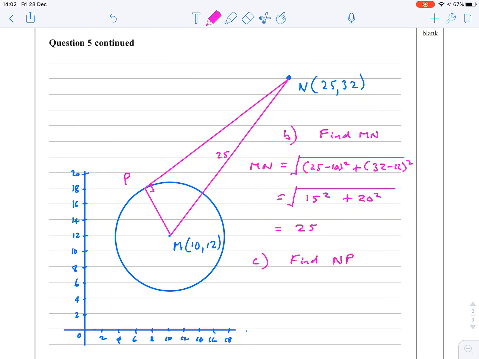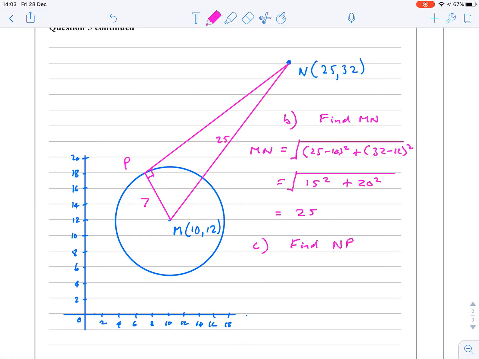To do that, I need to complete the triangle and realise that the angle between a tangent and a radius is 90 degrees. And I already know the radius is 7. So in that right angle triangle, I know that MN is 25, MP is 7, and so I can find PN. So PN squared plus 7 squared is equal to 25 squared.